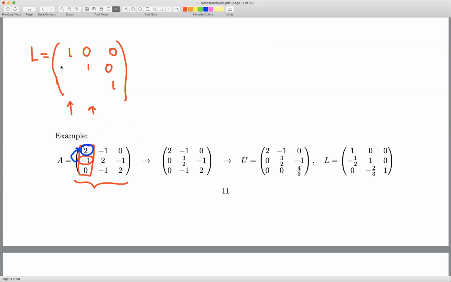So we have minus a half, which is equal to minus 1 divided by 2. And then in this position here, we take this element that stays on the same position in the original matrix A and is divided by the pivot. So we have 0 divided by 2, and it will be on position 3, 1. We end up with 0, and this is 0.